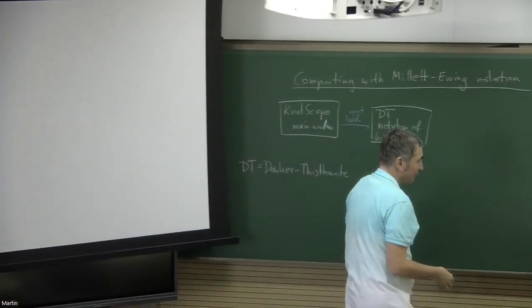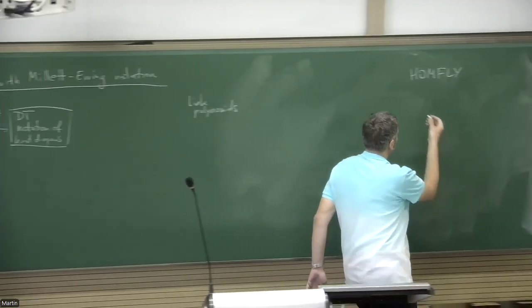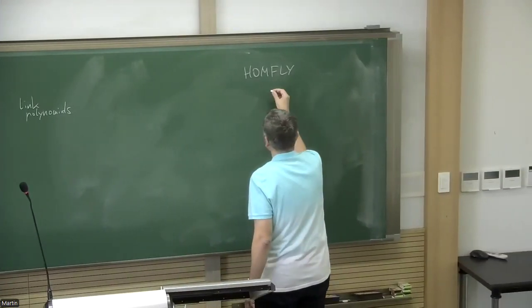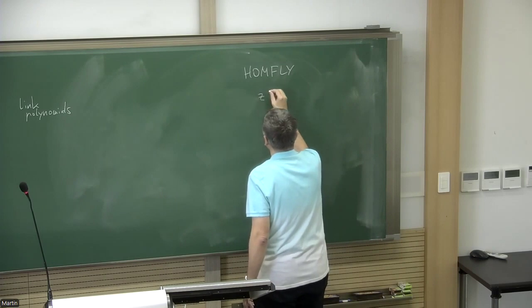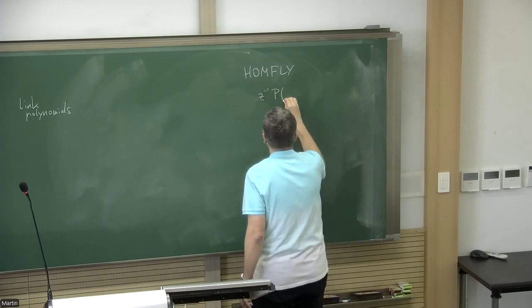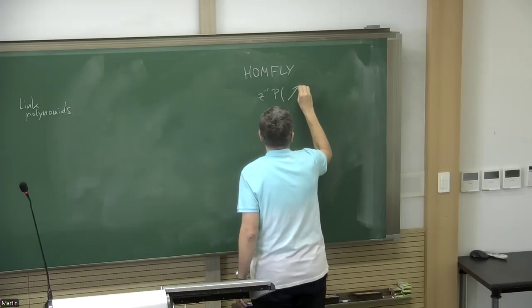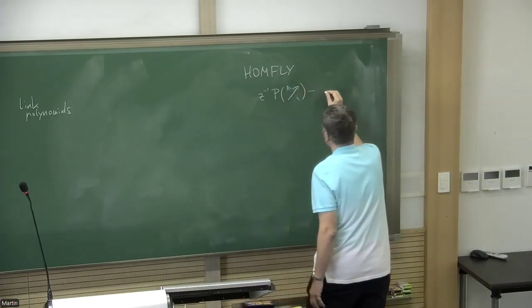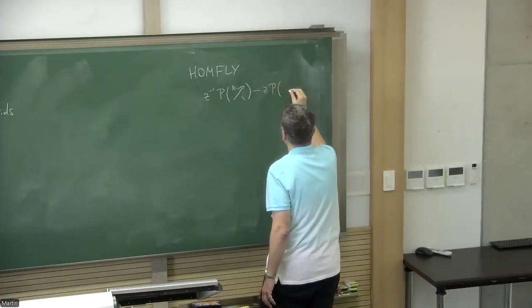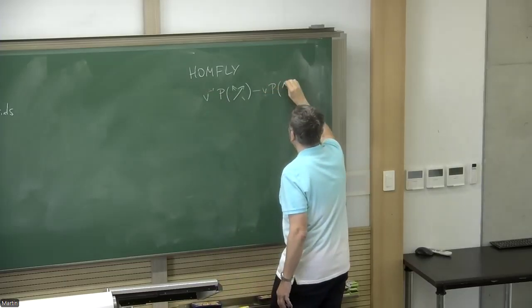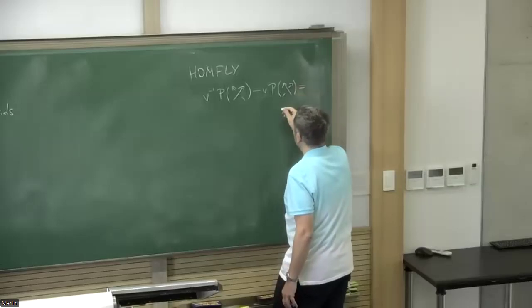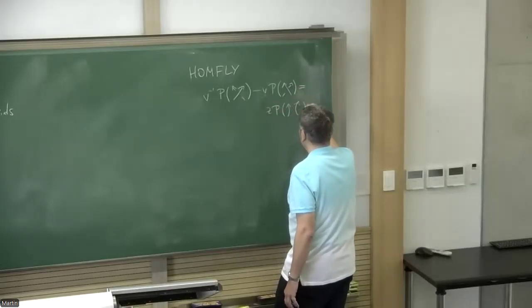Depending on convention, it satisfies the rule: z inverse times P of a positive crossing minus z times P of a negative crossing equals z times P of the smoothed out crossing.